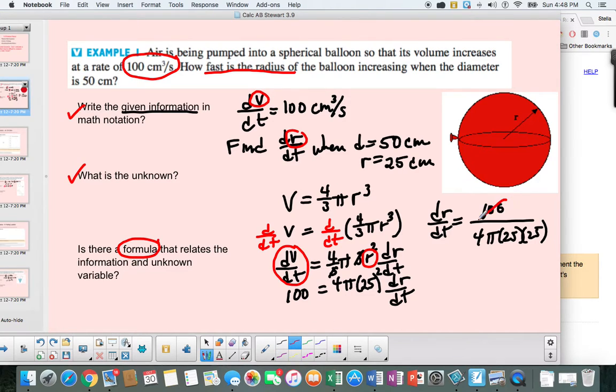And we know that 100 and this is going to be 100. So my answer is going to be 1 over 25 pi, and our units are centimeters per second.